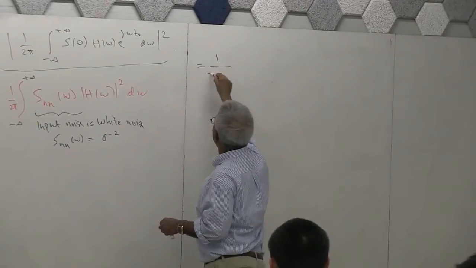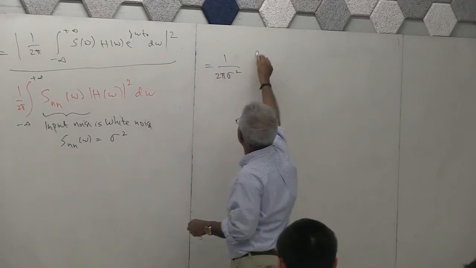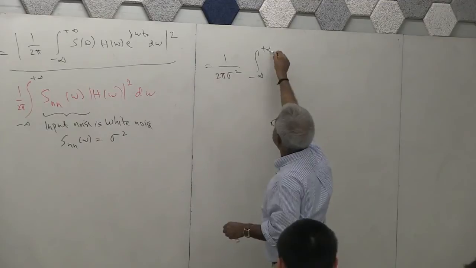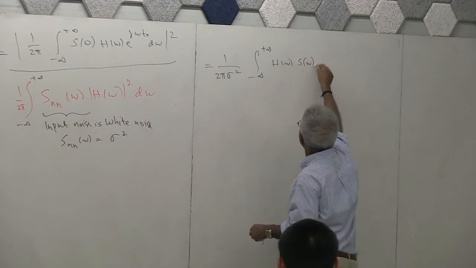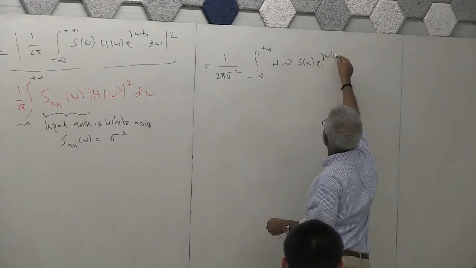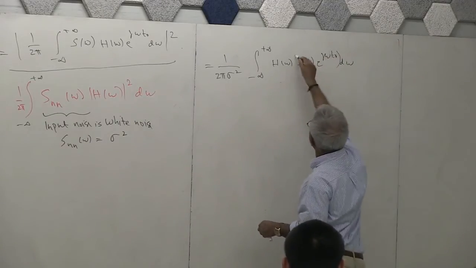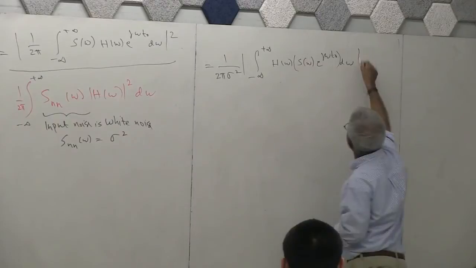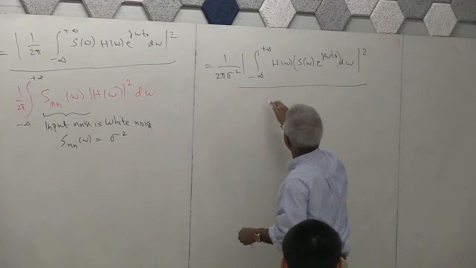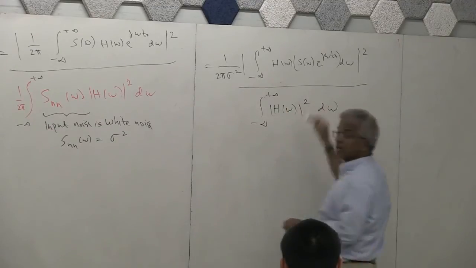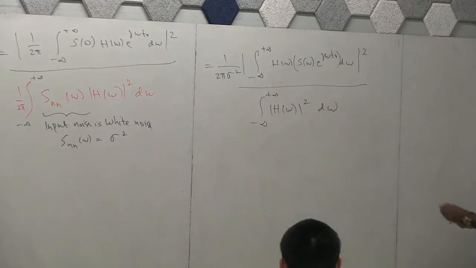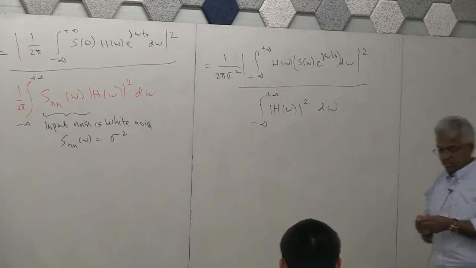This now reads 1 over 2 pi sigma squared, integral of H(omega) S(omega), I just rearranged it on the top. In the denominator you have the integral from minus infinity to plus infinity of |H(omega)| squared d omega. I just pulled sigma squared outside.